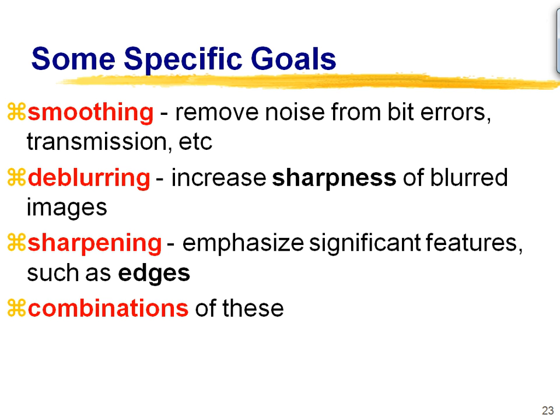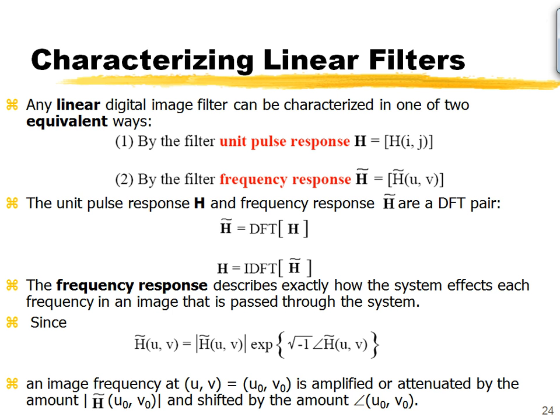So these are some very specific goals that we want to achieve by performing some operation on an image. Now we can do all of this by filtering an image, and we'll specifically see what linear filters get us. But before we do that, let's talk about linear filters and how we characterize linear filters.